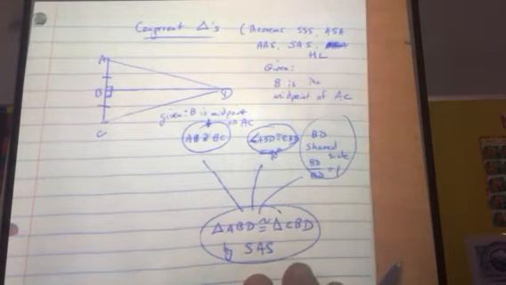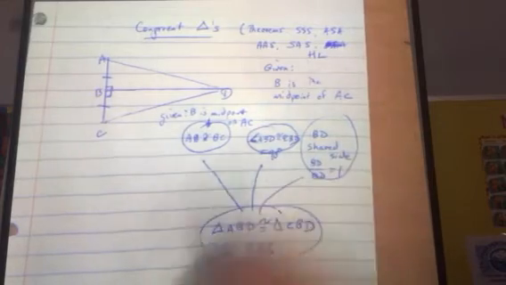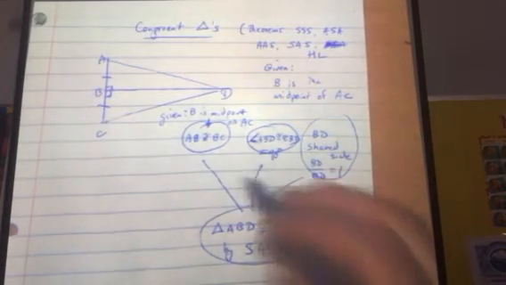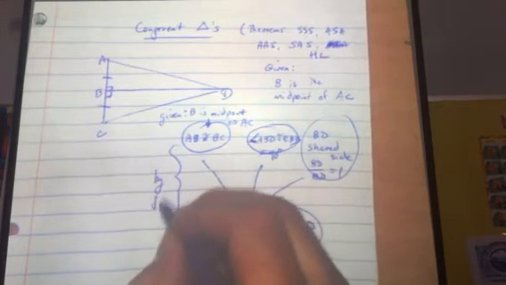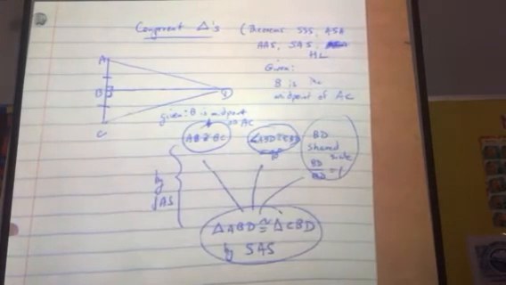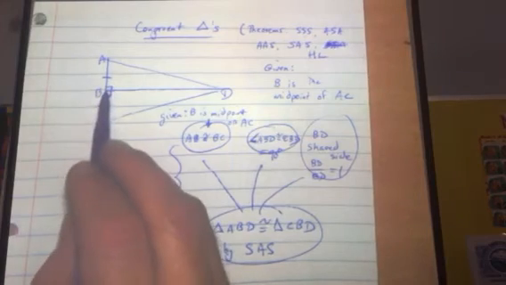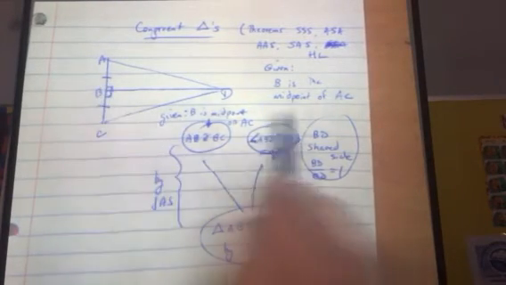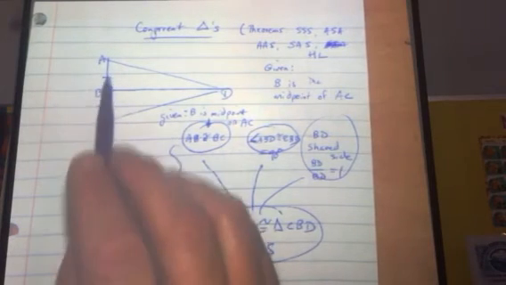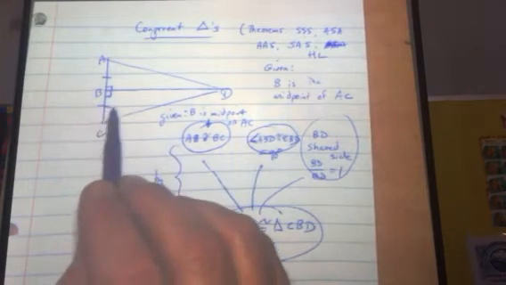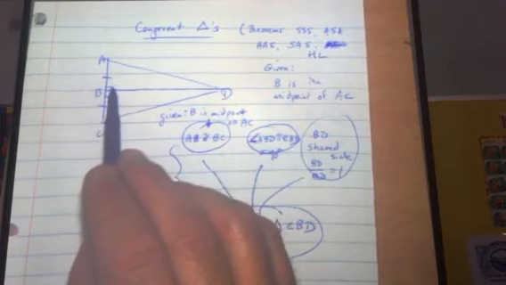Now there are other ways to do it. You can use the hypotenuse leg theorem. So this is proof by SAS. The hypotenuse leg theorem would be like where you go, okay, I've got that B is a midpoint of AC, so that AB and BC are equal. This is a right angle.